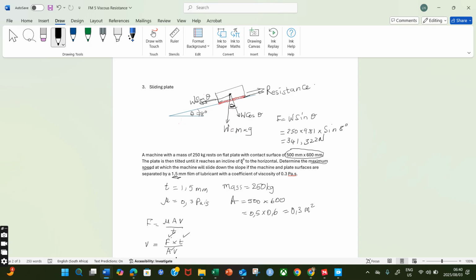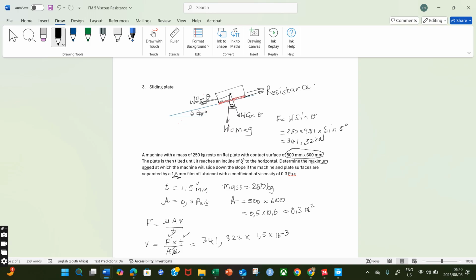The area we have. I'm sorry, this is area multiplied by the coefficient of viscosity. So when we substitute, we say 341.322 multiplied by 1.5 times 10 to the power negative 3.